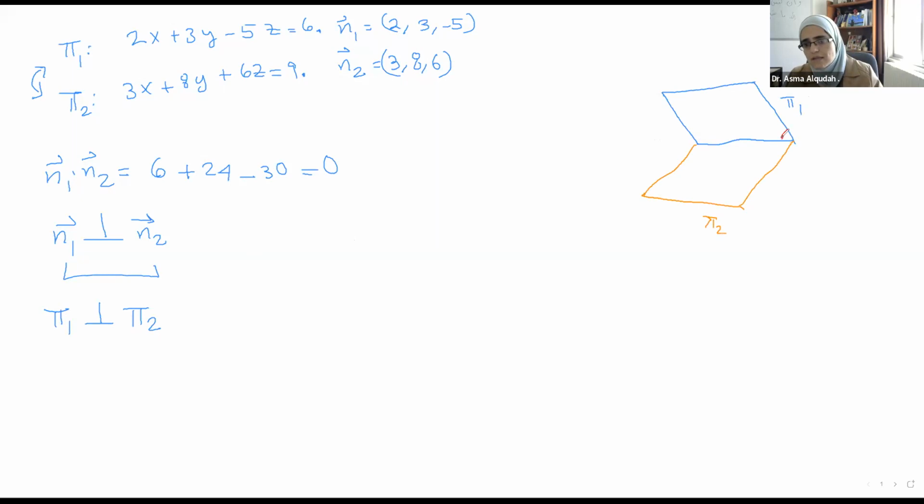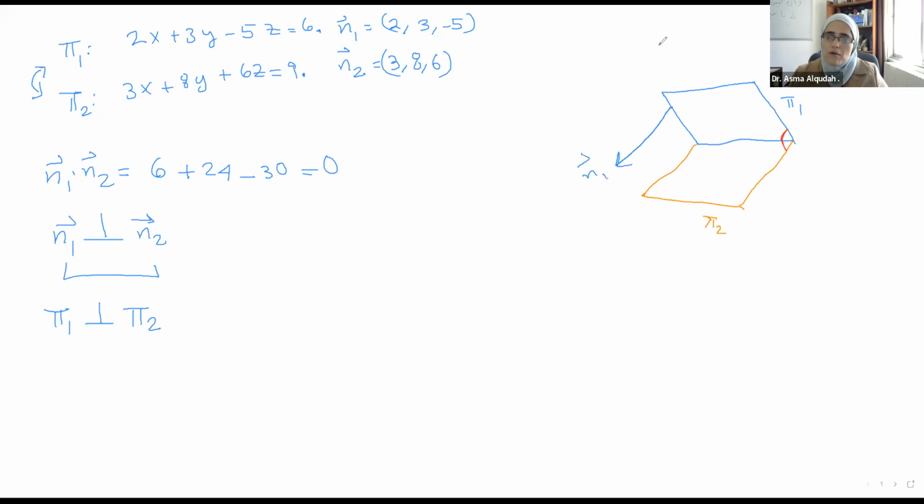This angle is 90 degrees. Now let's find the direction of the normal of each of these two planes. The normal to this plane is in this direction. This is n1.